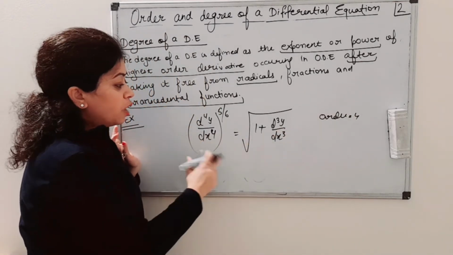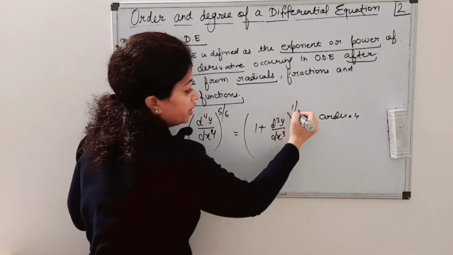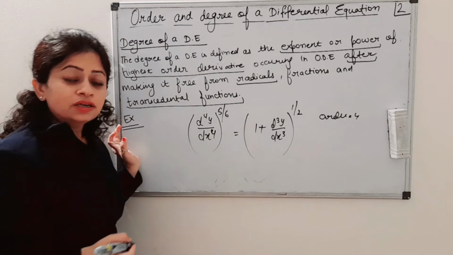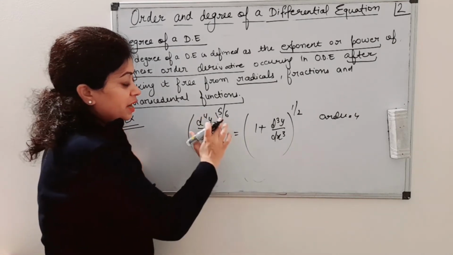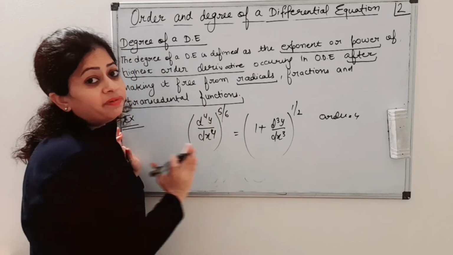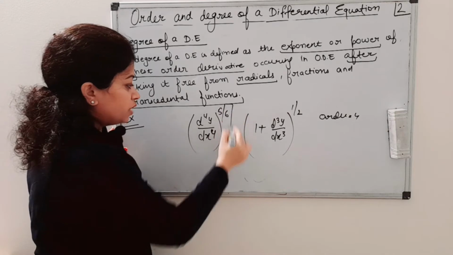Now we need to calculate this. We have fractions and radicals here. How will we solve? We have 5 by 6 here and we should not have radicals. So we can take power 6 on both sides.